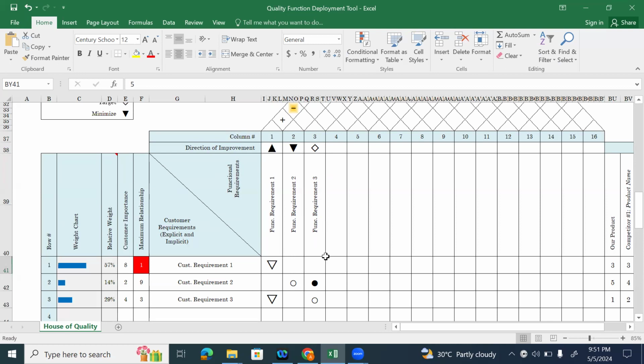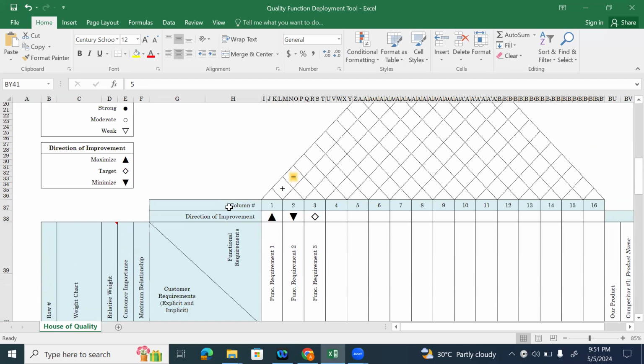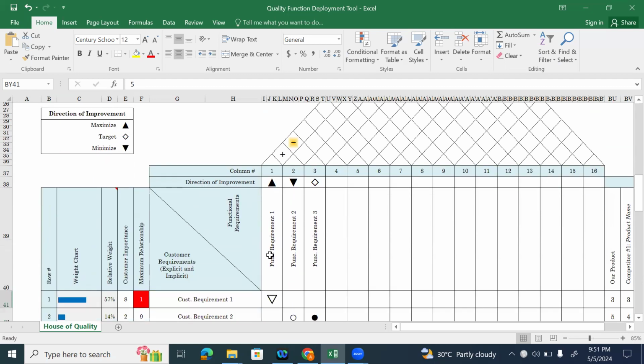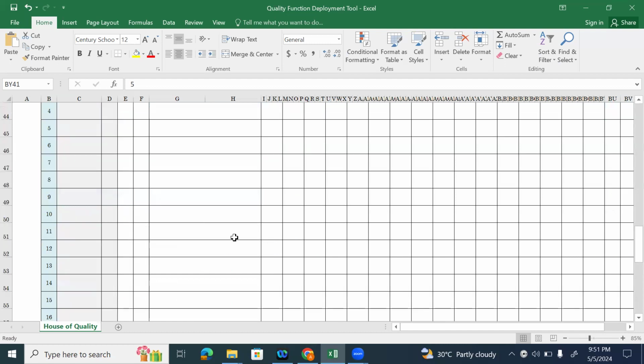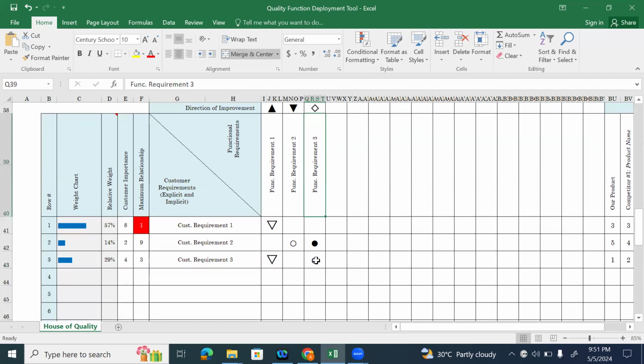Okay, and you can see here again, when I'm comparing the customer requirement two with functional requirement two, it is a circle which is moderate. And again I'm also taking one more example where I'm comparing the customer requirement three with functional requirement three. It's again going to be moderate.